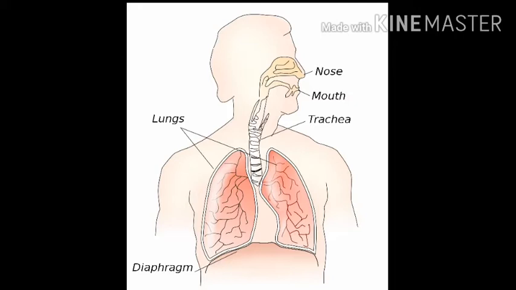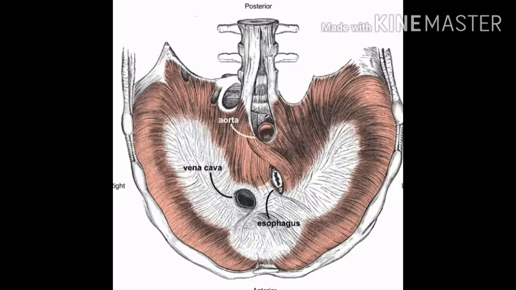The diaphragm, which is dome shaped and separates the abdominal cavity from the chest cavity, also contracts downwards at the same time, which further increases the surface area of the chest cavity. At the same time, the muscles of the abdominal cavity contract, which also increases the surface area of the human chest cavity.